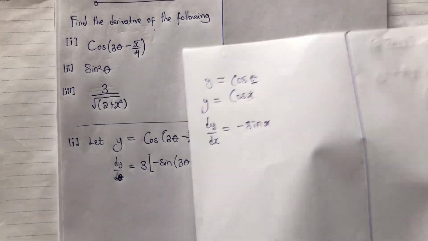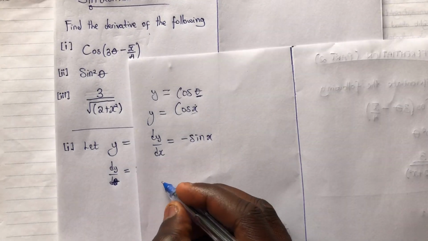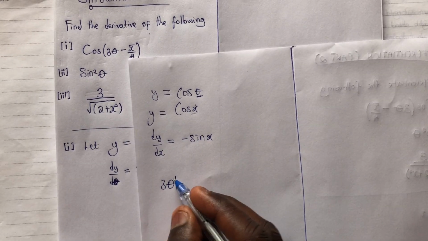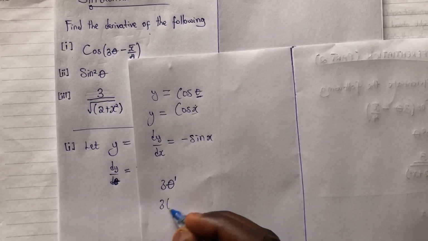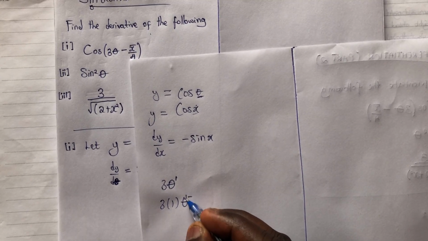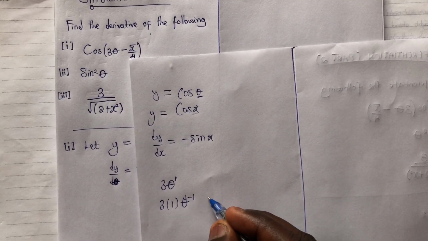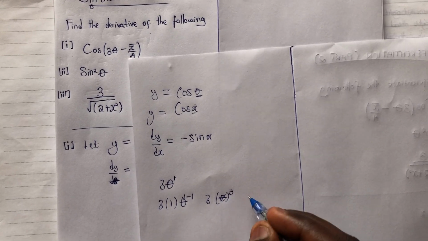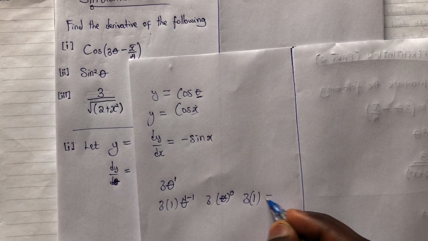But we should note that 3 theta, it is theta to the power 1. So when I differentiate this, I'm getting 3 times 1, then the same theta, you reduce the power by 1, giving us 3 theta to the power 0. So everything to the power 0 will give us 1, giving us 3.